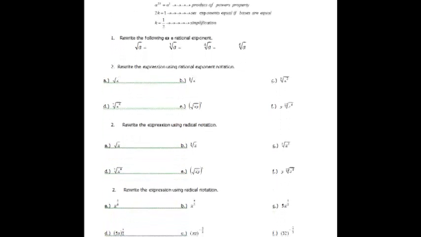Okay, so the top part of it just shows you what we just did in the PowerPoint. And if I wanted to rewrite these a's, it would be a to the 1/2, a to the 1/3, a to the 1/4, and a to the 1/6. So I'm just going to leave that first one for you because that's pretty basic. The second one is pretty basic. It's just like above.